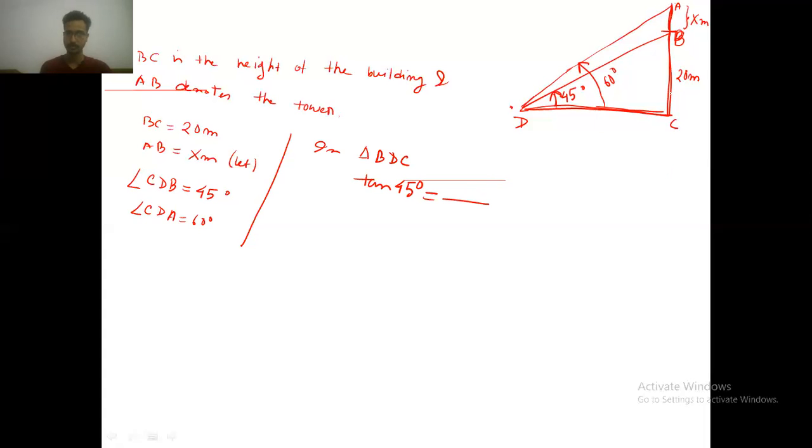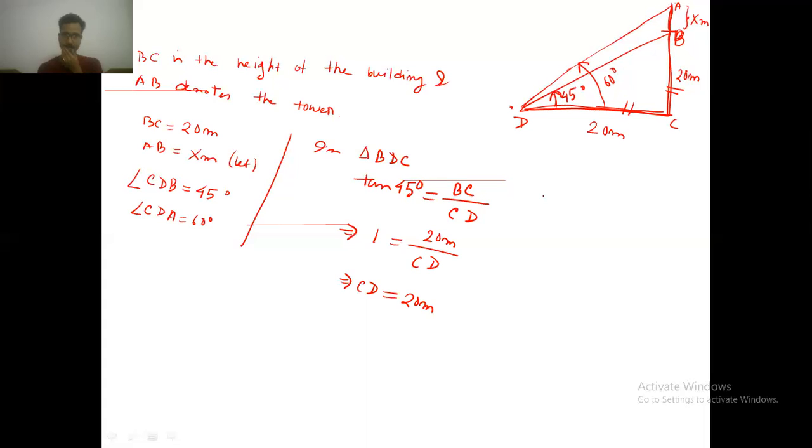Perpendicular BC, for this angle 45, BC is perpendicular and CD is base, so it will be BC by CD. Now we know that the value of tan 45 is 1. We know the value of BC is 20 meter. You have to find the value of CD. So if you cross multiply it, then CD will be also 20 meter. So we found the value of CD as 20 meter. It means BC and CD are equal, 20 meter.